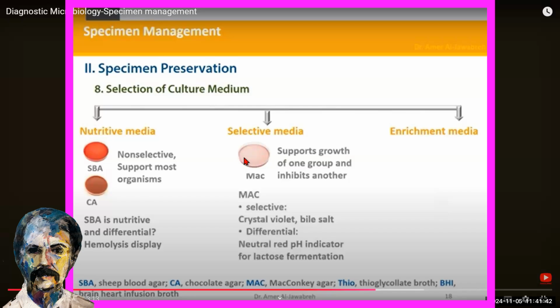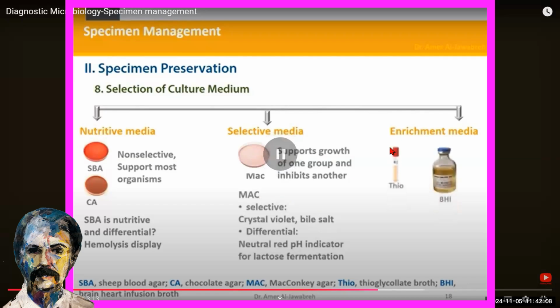So this change in color makes us describe this media as differential. Any media where you have a change in color, we call it differential. So media can be selective and at the same time differential, like MacConkey. So MacConkey is a selective differential media.